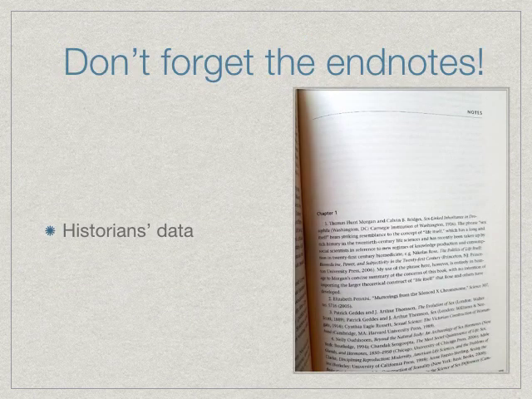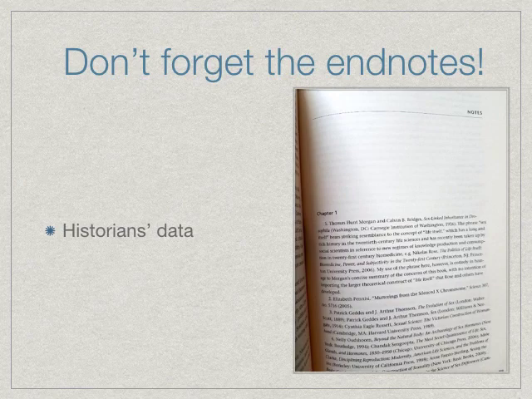And don't forget the end notes. Don't just skip over those as padding at the back end of the book. These are very important and useful for the historian. This is where historians put their data, like scientists put their data in tables and charts and so forth within the body of the paper.